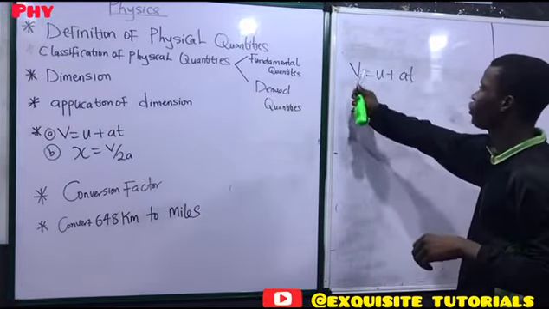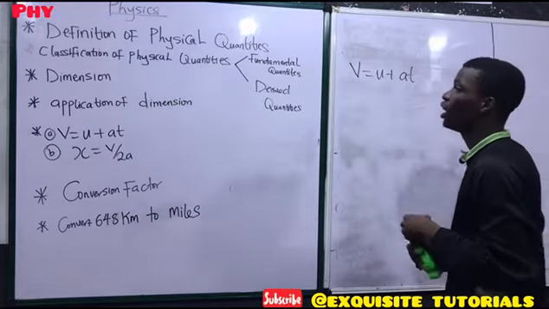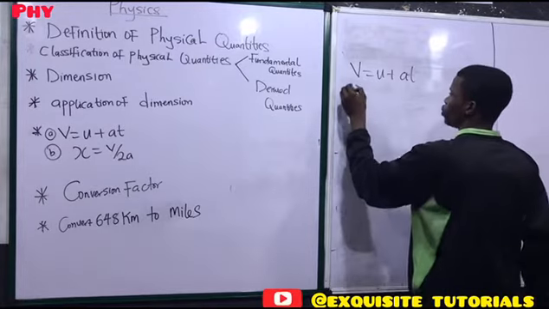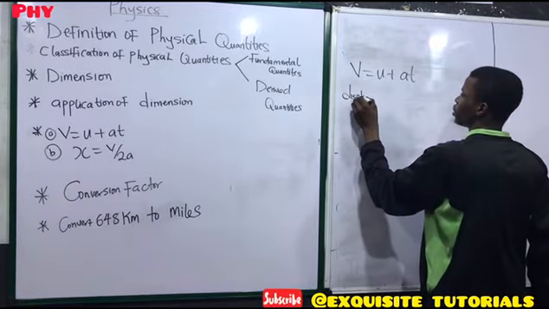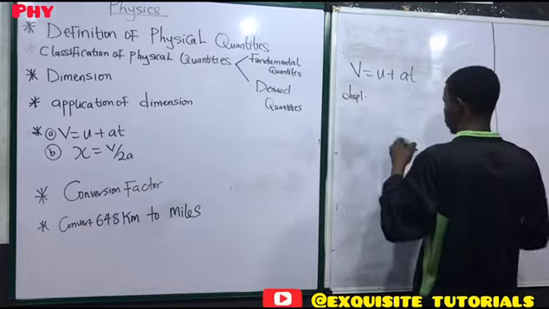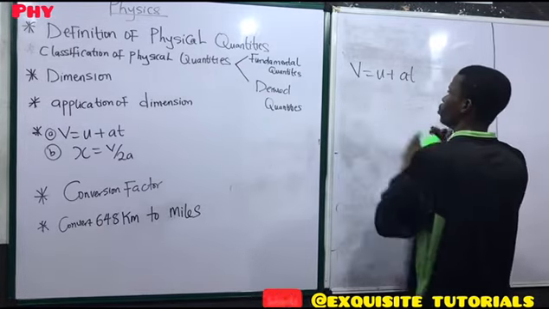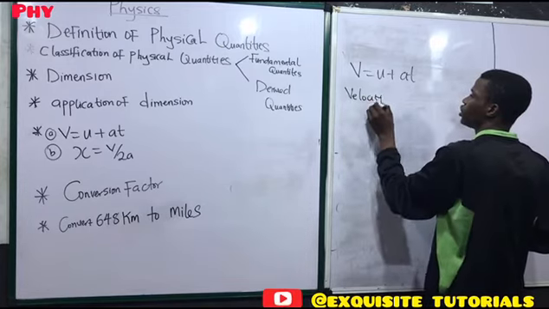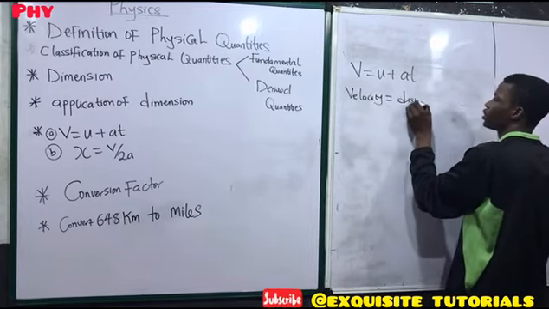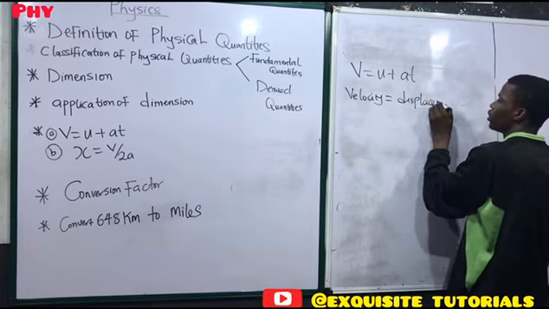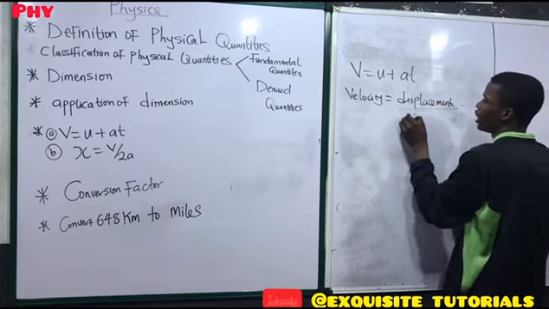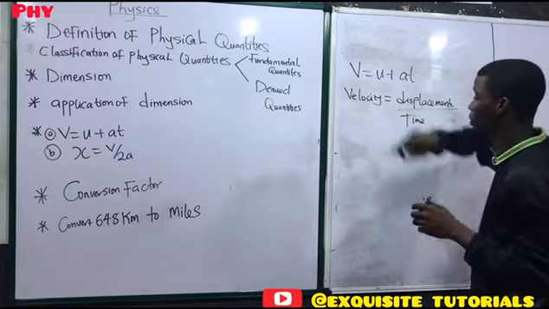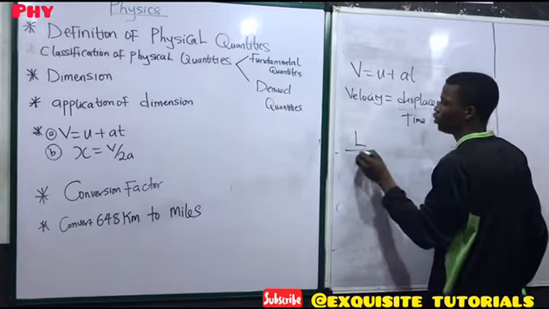Already we know this is our final velocity, this is our initial velocity, and we're told that normally our velocity is equal to the displacement over time. So since we already know that our velocity is displacement over time, I'll come here and place L all over T.